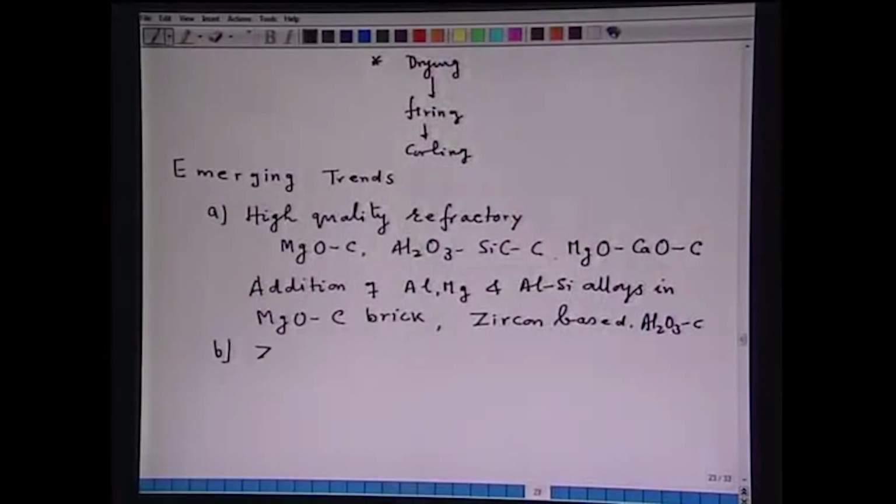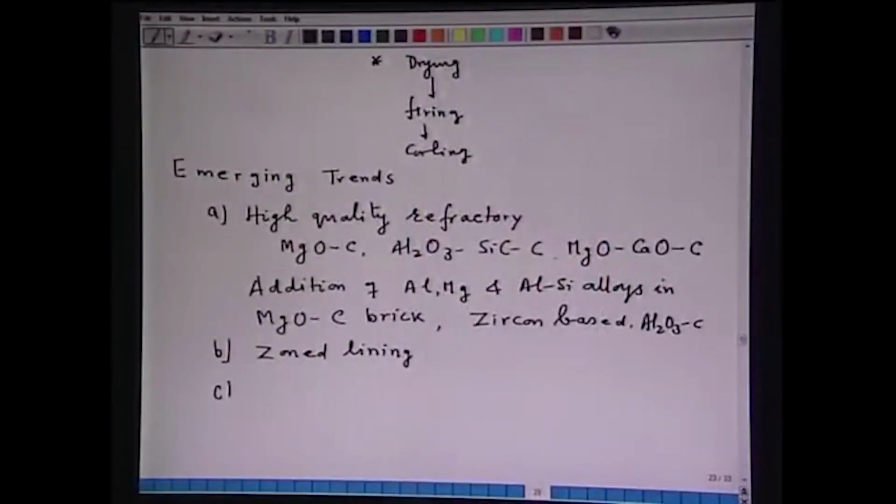Another important thing in the emerging trend is the concept of zoned lining. Zoned lining means those critical areas which are subjected to high corrosion and wear, you line with a very high quality material, that is the zoned lining. The third emerging trend is the repairing methods.